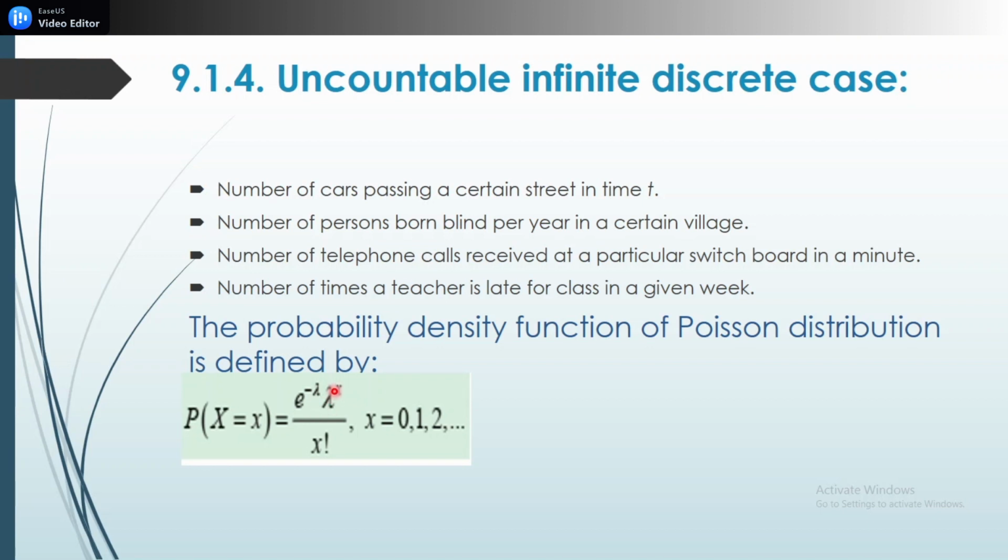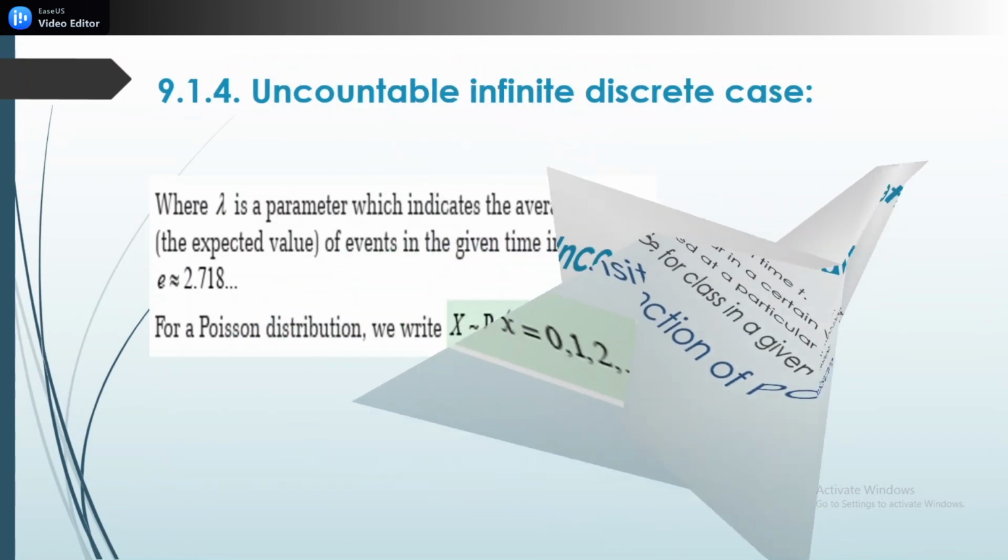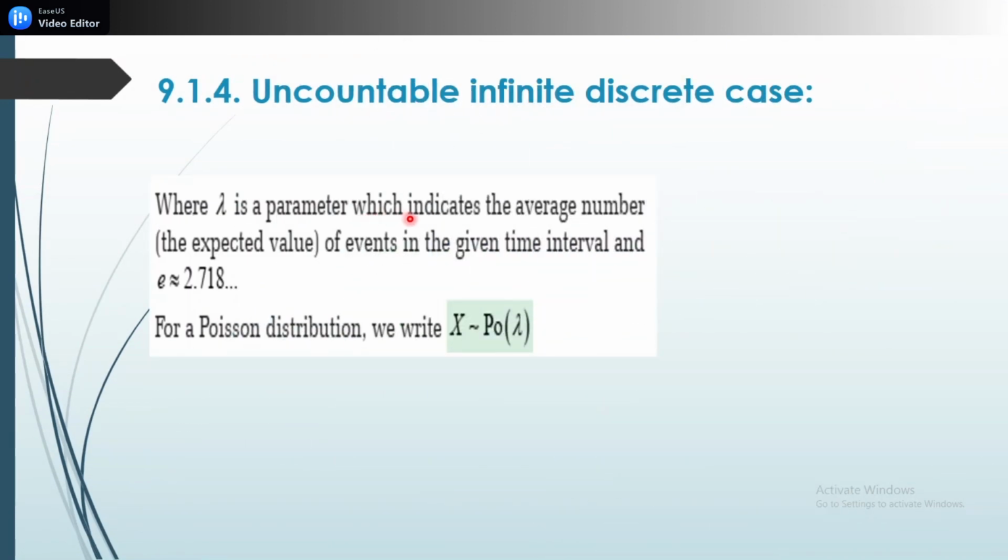Then lambda to the power x over x factorial, where x is a value from 0 to n, where lambda is the parameter which indicates the average number, the expected value of the event in the given time interval, and the number e can be written as approximately 2.718. The Poisson distribution is written as capital X approximately Po of lambda, where lambda means the average number.